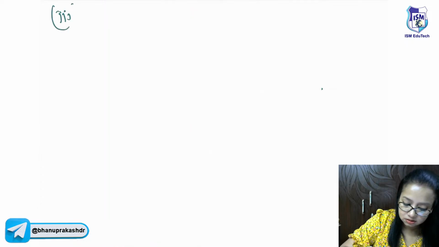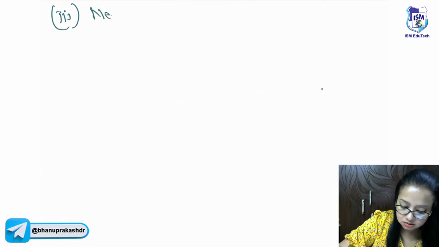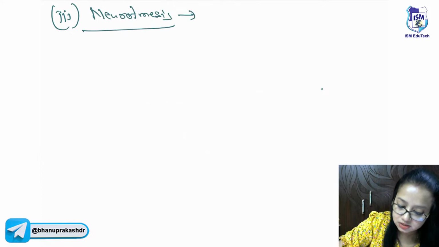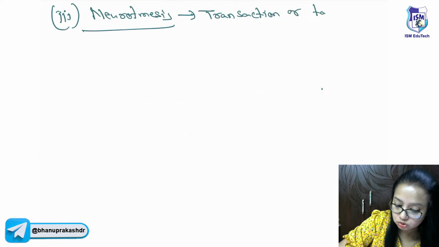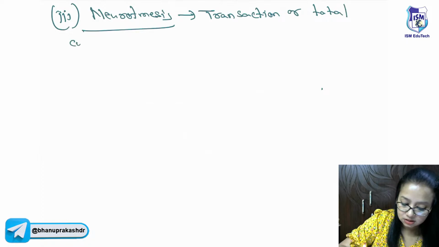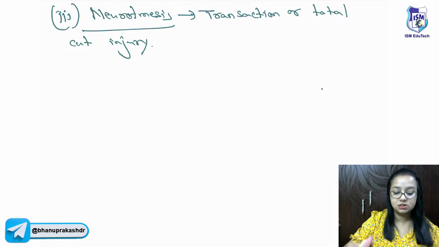Third, it is neurotmesis. Neurotmesis means transection or total cut injury. Out and out cut injury.